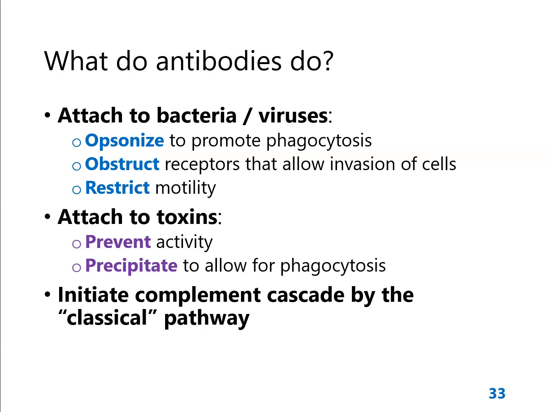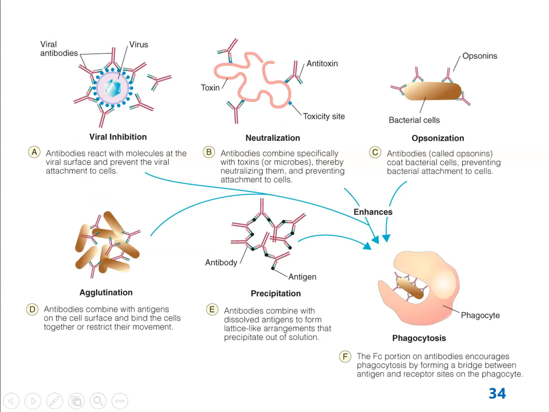And they can also initiate complement cascades. So antibodies can directly initiate complement cascades. So this diagram shows those things. This would be a virion coated by antibodies, and there's no way these spike proteins are going to be able to interact with the cell.